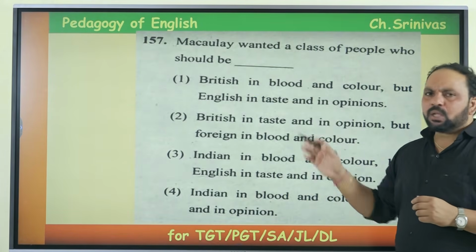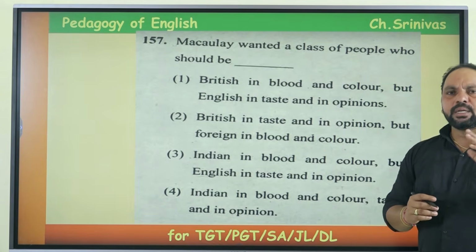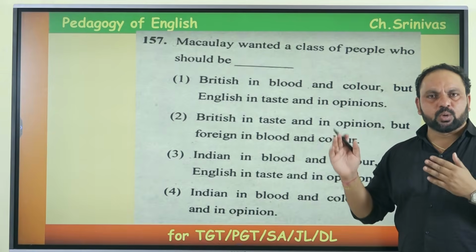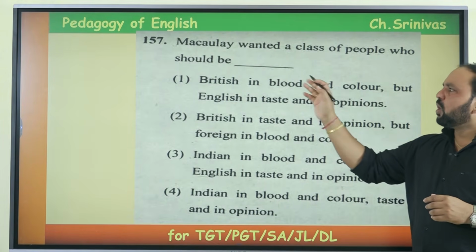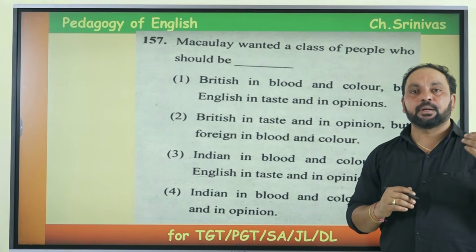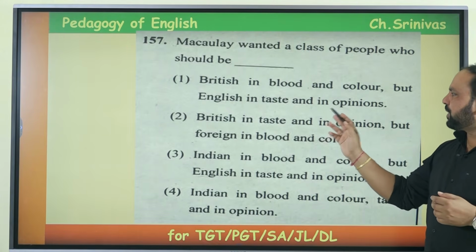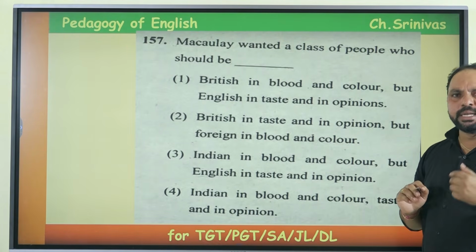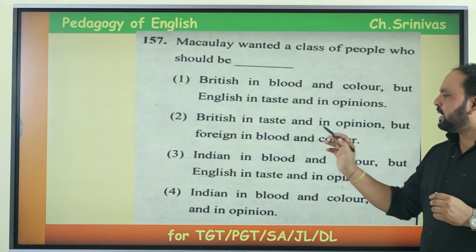Okay, and this was also one of the TRT questions, తెలంగాణలో జరిగిన టీచర్ రిక్రూట్మెంట్ ఎగ్జామినేషన్లో అడిగిన ఒక క్వశ్చన్గా చెప్పుకుంటాము. Macaulay wanted a class of people who should be, okay, what kind of people did he want in his famous minutes? British in blood and color, but English in taste and in opinions. That is not correct. British in taste and opinion, but foreign in blood and color.